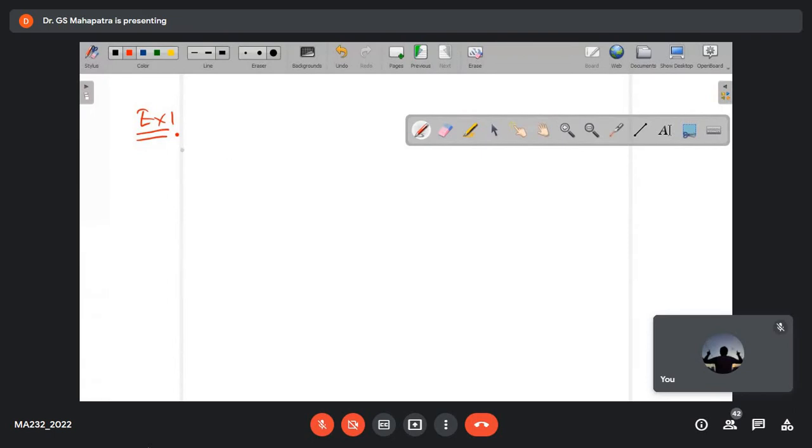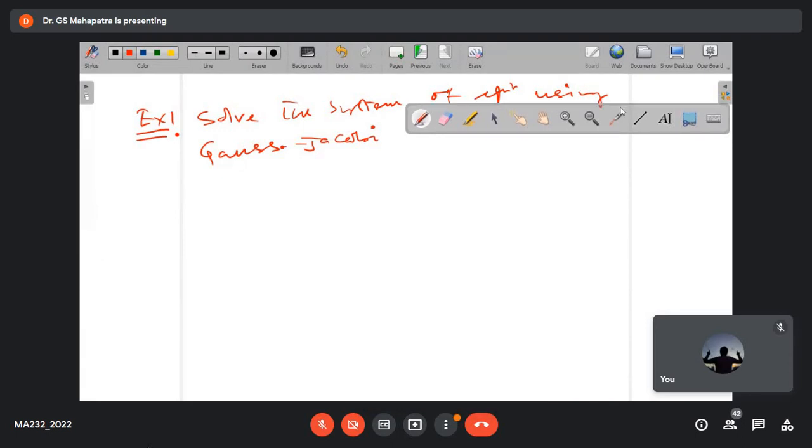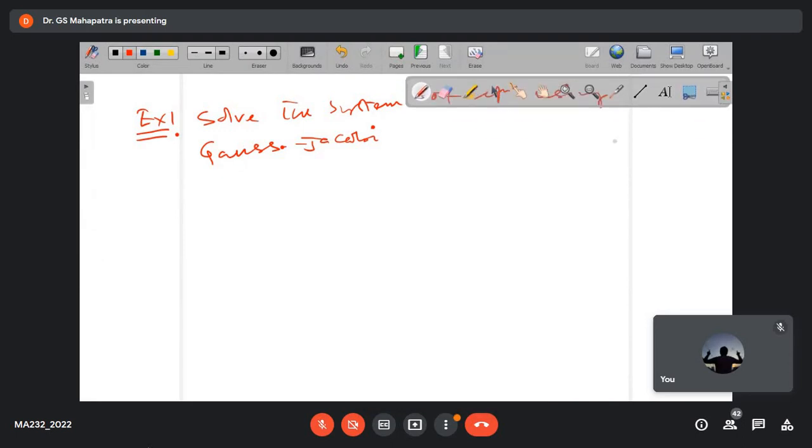Now first you consider one problem. Solve the system of equations using the Gauss-Jacobi method. Fine.